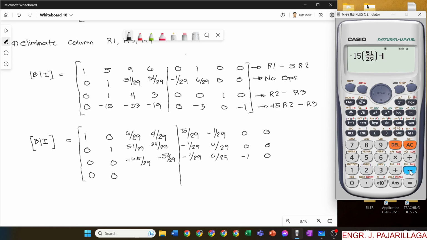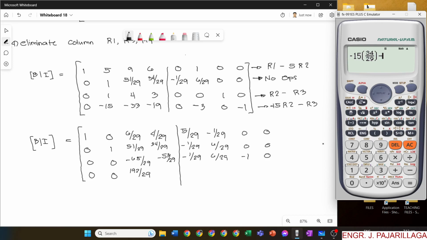And then you have minus negative 33. And that is 192 over 29. Right? And we have 34 over 29. Oh, may negative 15 pala tayo. Negative 15 multiplied by 34 over 29.